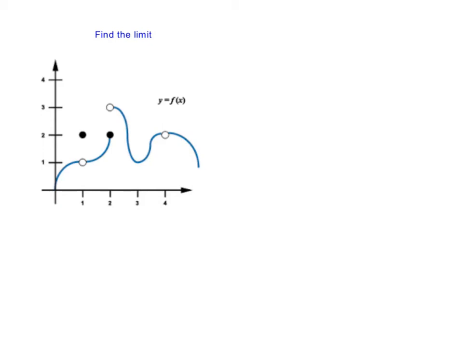So let's say, what is the limit as x approaches 1 of my function f of x? All right, so I look here, and sometimes we call this the thumbs test. We come at it from the left, we come at it from the right, and the y value is 1. Even though we know that f of 1, the actual point, is 2, the limit is 1.